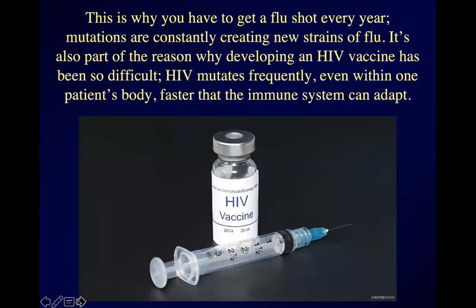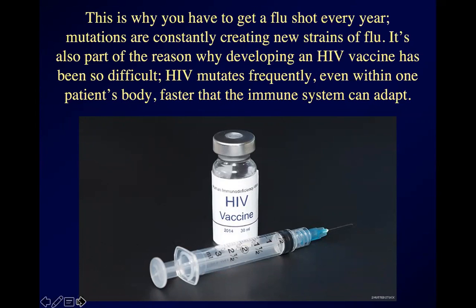The same thing happens with the flu, and this is why you keep having to get a flu shot every year, because the flu that's going through this winter is not the same as the flu that went through last winter, because flu is constantly throwing up new mutations. It's also part of the reason why it's been so hard to develop an HIV vaccine.